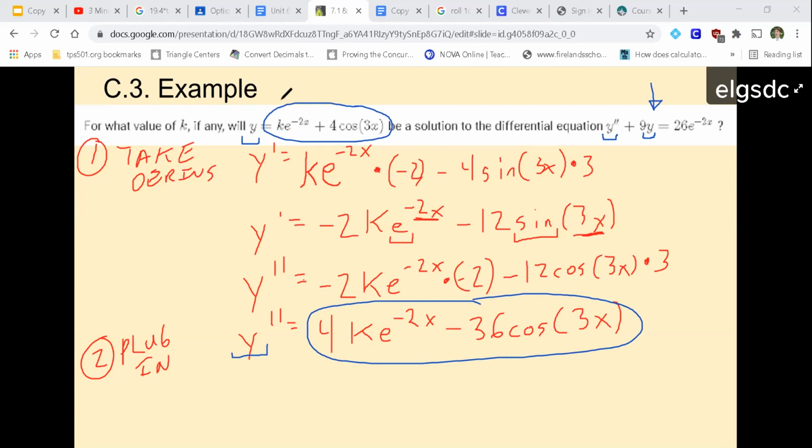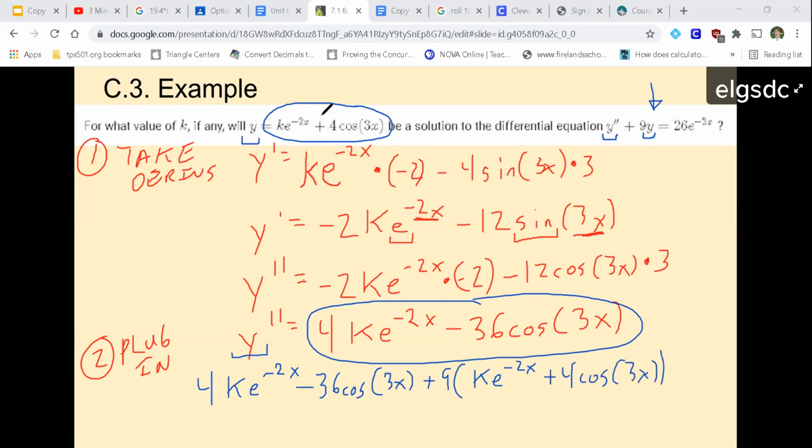So if you do that, instead of y double prime, we're going to write 4k e to the negative 2x minus 36 cosine of 3x plus 9 times y, which is this, k e to the negative 2x plus 4 cosine of 3x, equals 26 e to the negative 2x.